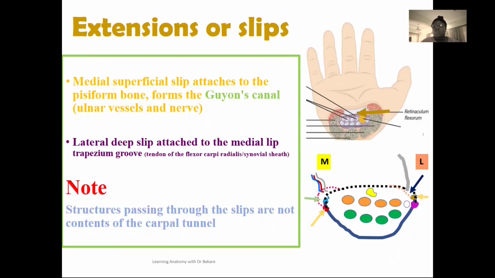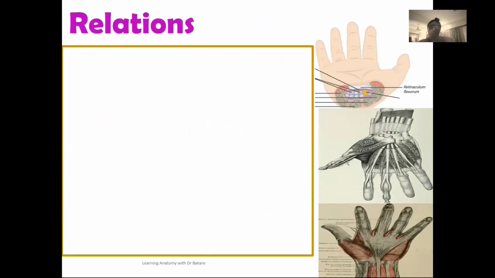It is also seen to contain the median nerve. So in total, we have 10 structures passing through the carpal tunnel. And these are the only structures that are seen within this space, while the other structures that are seen around it, of course, passing through the slips that emerge from the flexor retinaculum, are not taken as contents of the carpal tunnel. So let's drive through the relations of the flexor retinaculum.